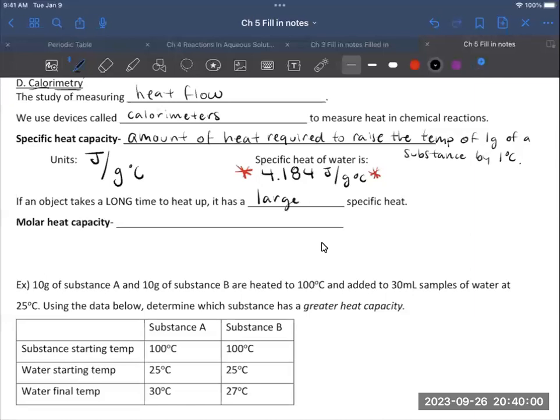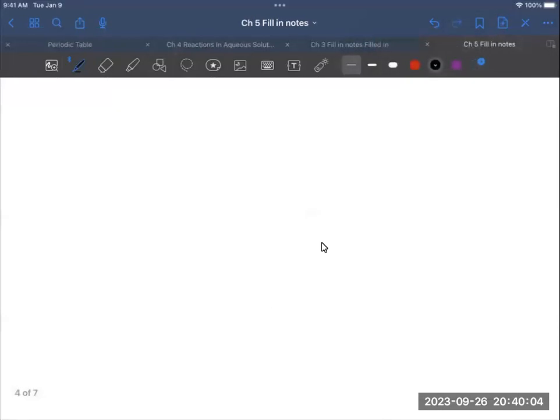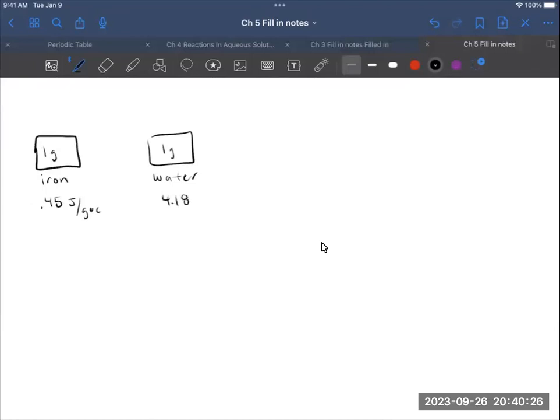And folks, the concept of specific heat is really important, so I want to illustrate this for you. Imagine I have a 1 gram sample of iron and a 1 gram sample of water. Iron has a specific heat of 0.45 joules per gram degree Celsius. Meanwhile, water has a specific heat of 4.184 joules per gram degree Celsius.